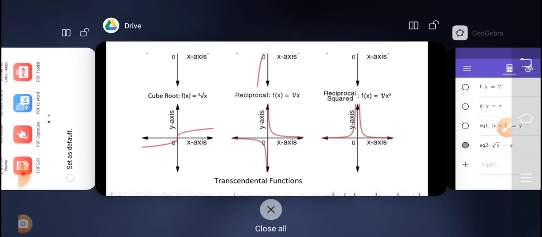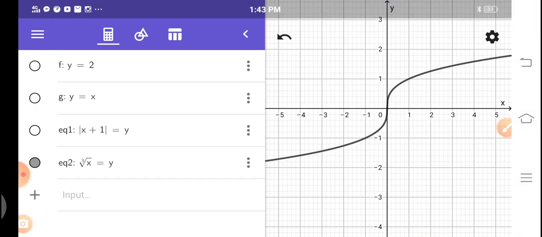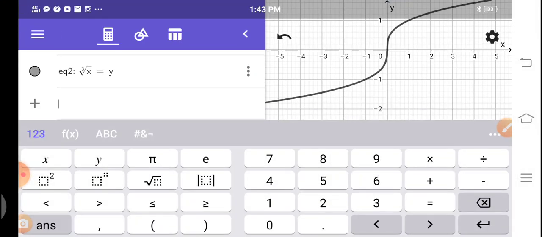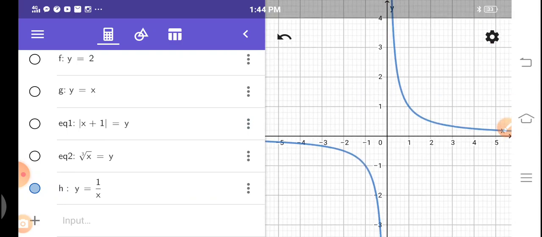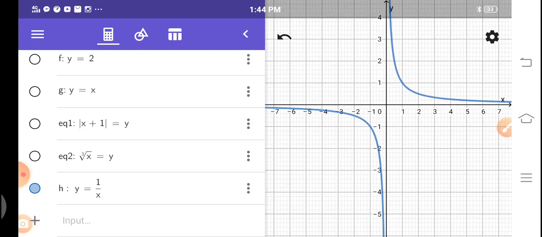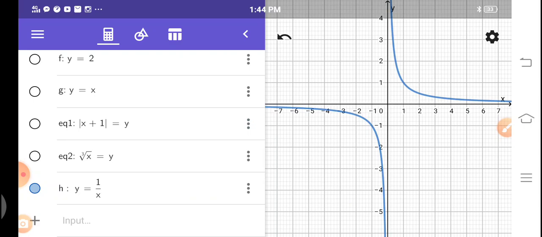Other examples, we have reciprocal, so 1 over x, the graph of 1 over x. Y is equal to 1 over x. So this is the graph. That's 1 over x.